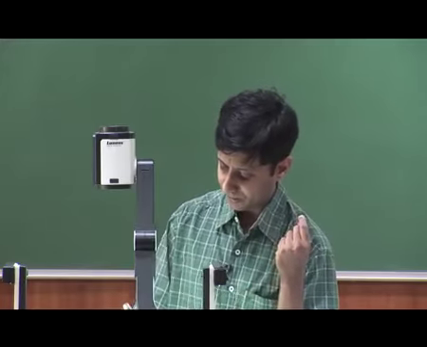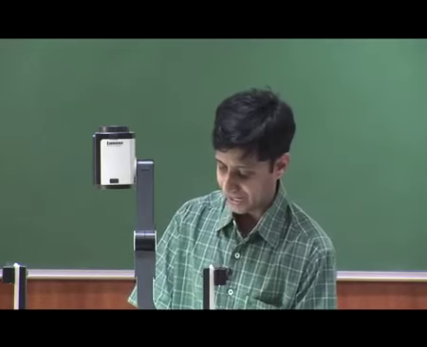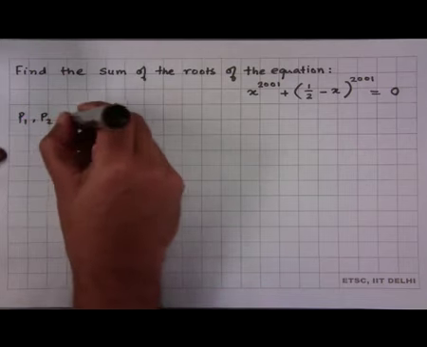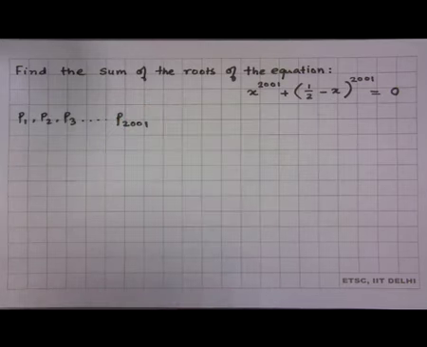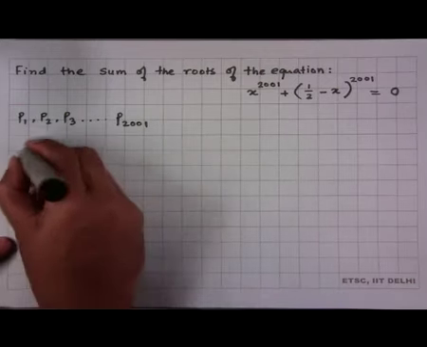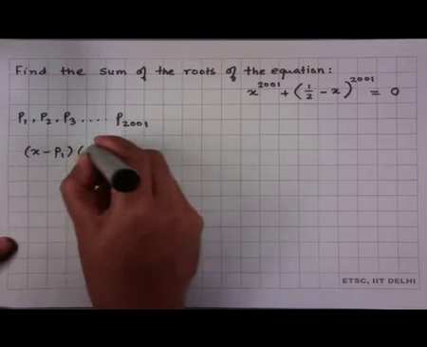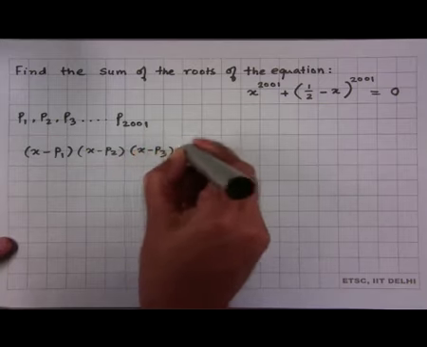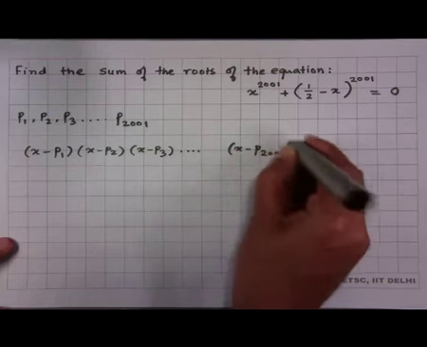Now, imagine all these roots individually. Let us say that these roots are P1, P2, P3 all the way till P2001. Suppose these are the roots, then this entire expression can possibly be rewritten as (x minus P1) times (x minus P2) times (x minus P3) all the way till (x minus P2001) is equal to 0.